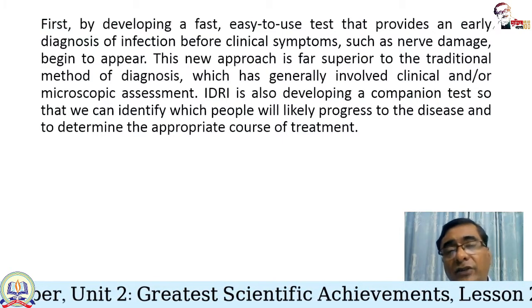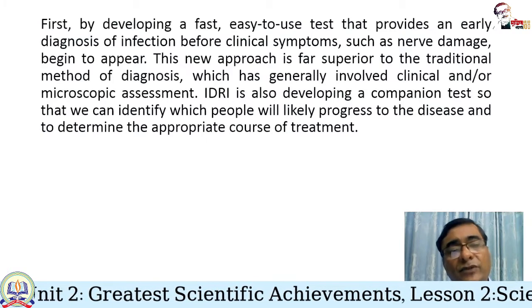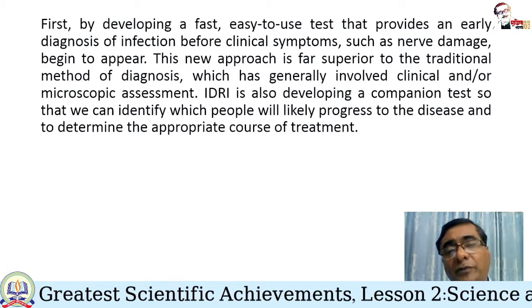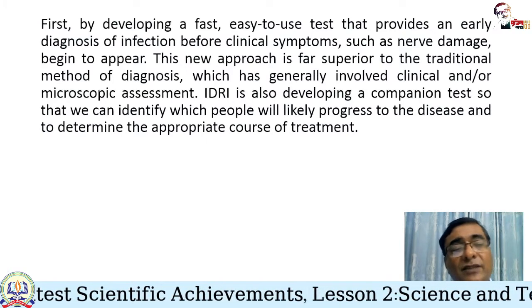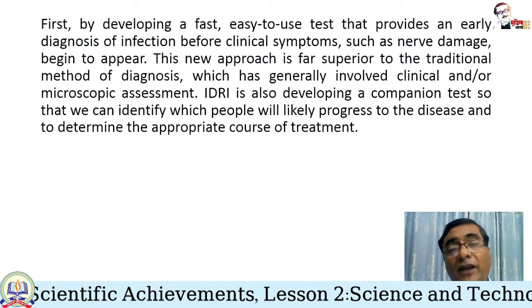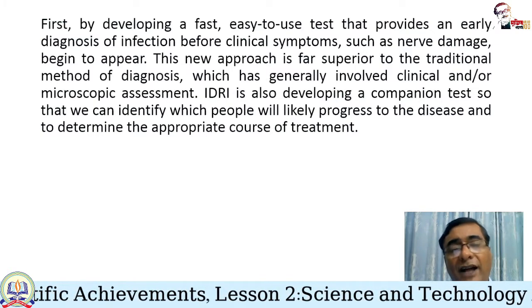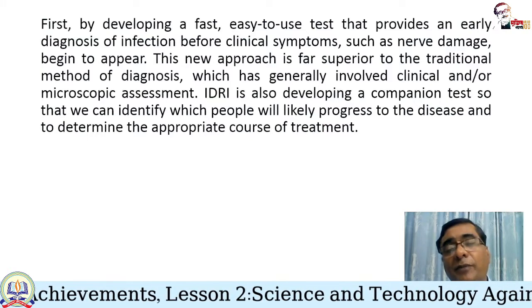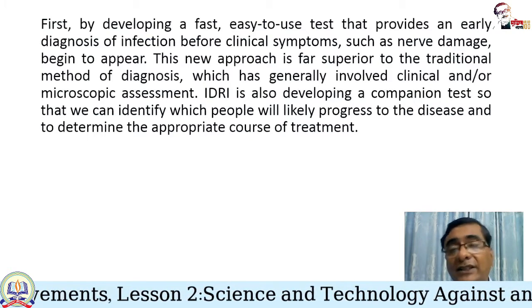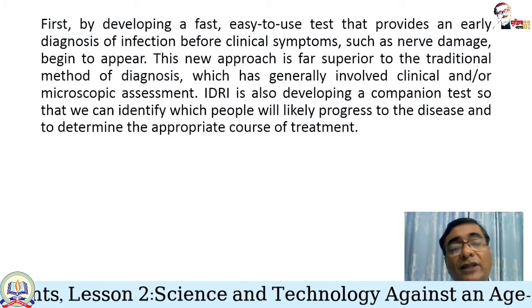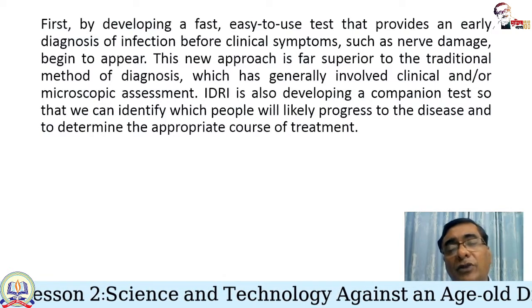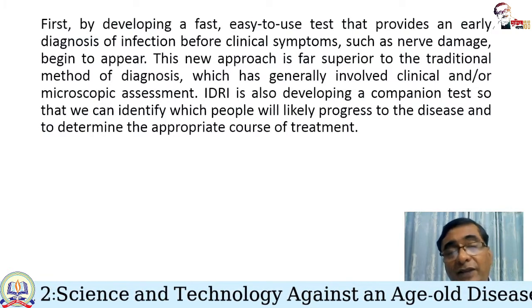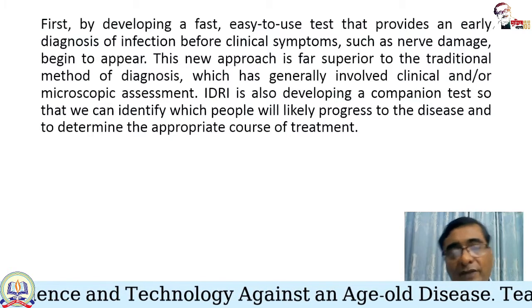IDRI is also developing a companion test so that we can identify which people will likely progress to the disease and determine the appropriate course of treatment. So this is also very important. They call this a companion test, so that they can identify people who have the possibility of being affected by this disease. This is also very important.